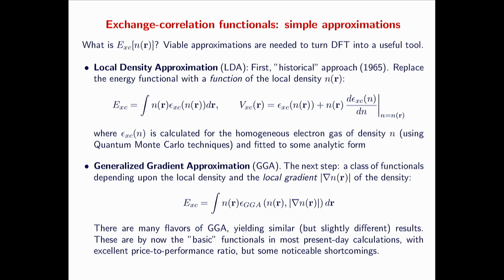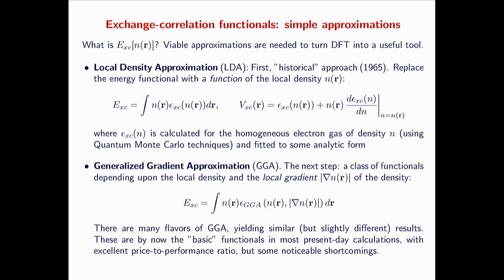Actually, one uses more often than not, not n0, but rs, that is the parameter that is used in the theory of metals. So the volume of a sphere of radius rs is equal to the average volume per electron. Anyway, there are quite simple analytical formulas that you can fit to Monte Carlo results for the electron gas, and so you can obtain this approximation.